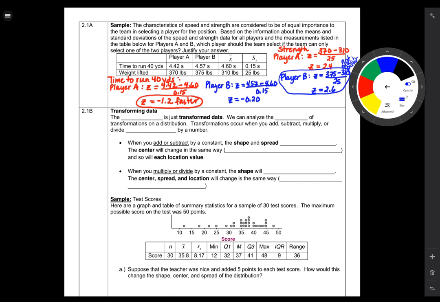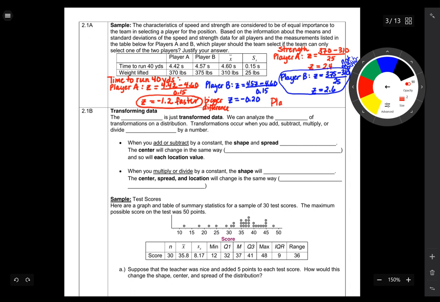And you can easily bring player A close to player B as far as strength goes, but as far as time to run 40 yards, there's such a big difference here that it would definitely make player A the better person to choose.